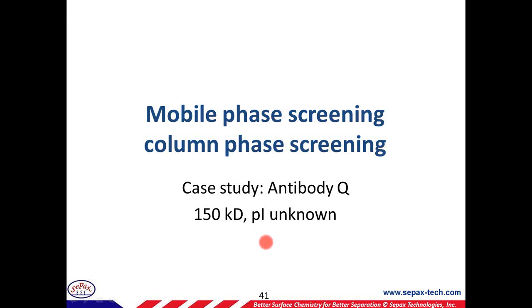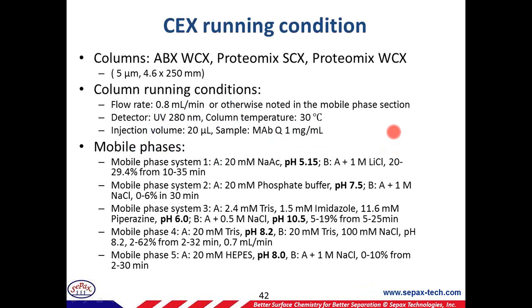Even though the pI is unknown, you actually can run the IEF, but we left it as that. So we're going to screen our cation exchange phases, and also with different running conditions, the pH and buffer systems. We're using pH 5.15 with the sodium acetate buffer, and also the phosphate buffer with pH 7.5.